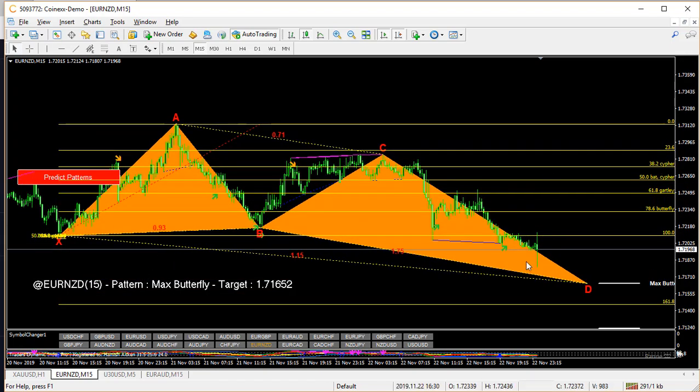So the minimum is at the 78.6, where you could see that exceeded that 78.6, which is a valid B point. So there's a deeper retracement on that B point for the butterfly, and it seems like it's about to complete.